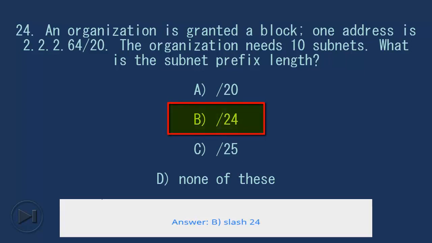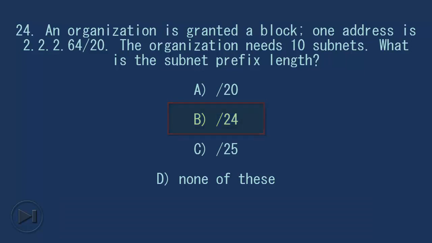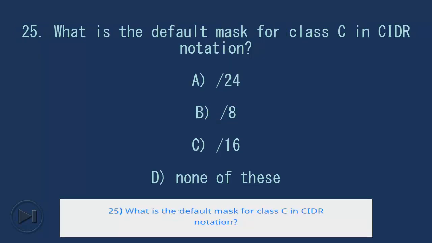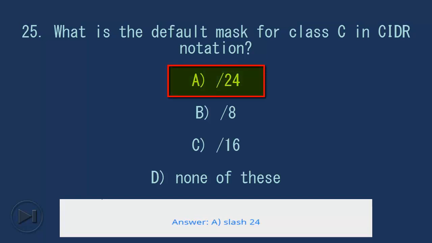Answer, B. /24. 25. What is the default mask for Class C in CIDR notation? A. /24. B. /8. C. /16. D. None of these. Answer, A. /24.